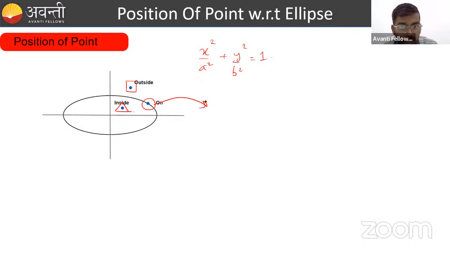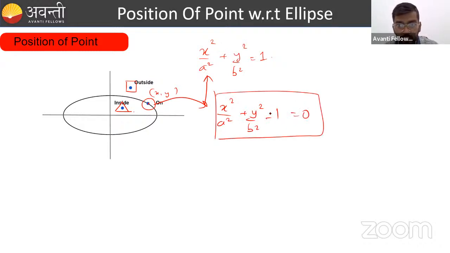When it is on the ellipse, it satisfies the equation. Consider the point (x, y). This (x, y) satisfies the equation of the ellipse, and hence x square by a square plus y square by b square minus 1 should equal 0. If this is the condition, then the point is on the ellipse, correct?